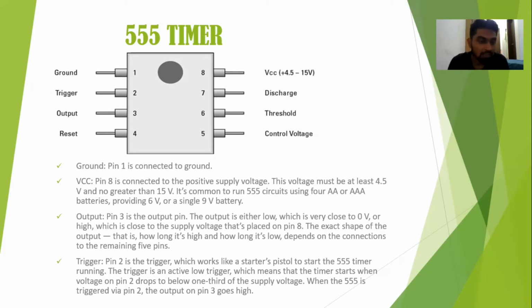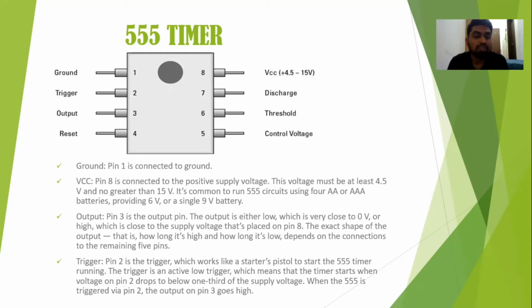And next pin is the output, which is pin number 3. The output is either low, which is very close to 0 V, or high, which is close to the supply voltage placed on pin 8. The exact shape of the output, that is how long it's low, depends on the connection to the remaining pins.